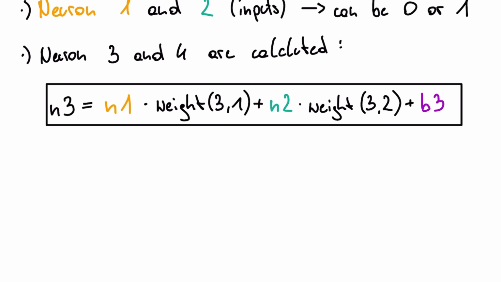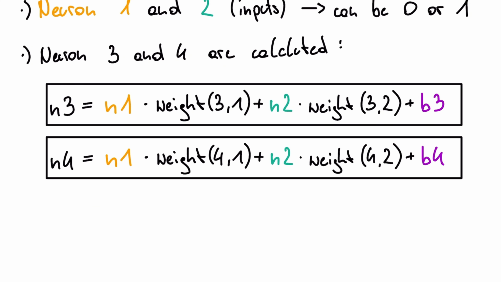Now you might be wondering, what is this plus B3? And before I explain that, let's just look at neuron 4. Neuron 4 is calculated in exactly the same way, except that it uses the weights of neuron 4 for neuron 1 and for neuron 2, and the bias B4 instead of B3.